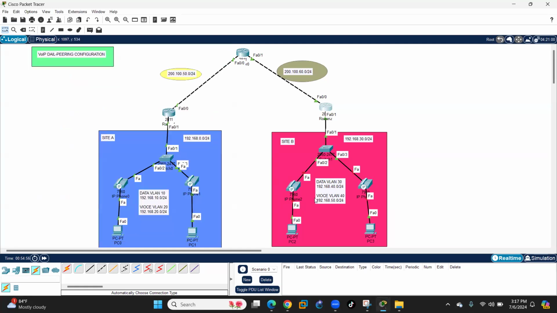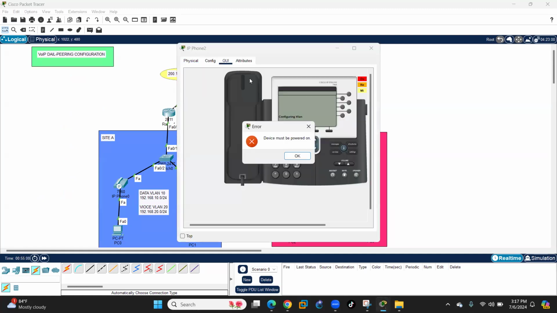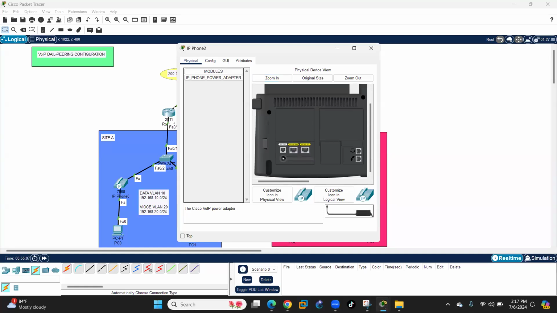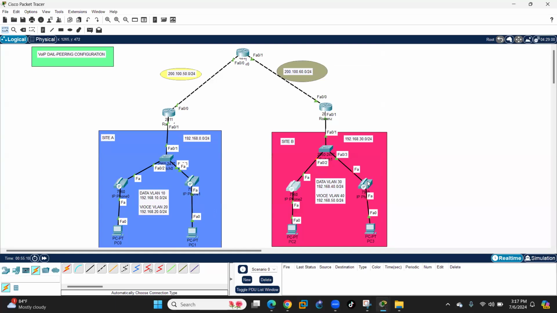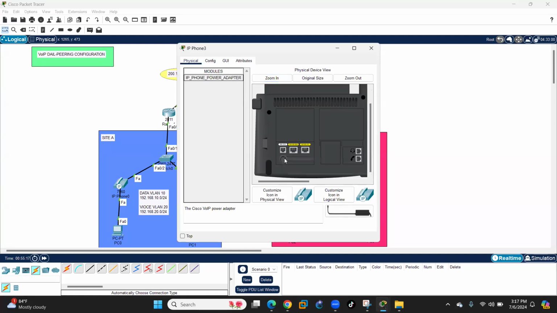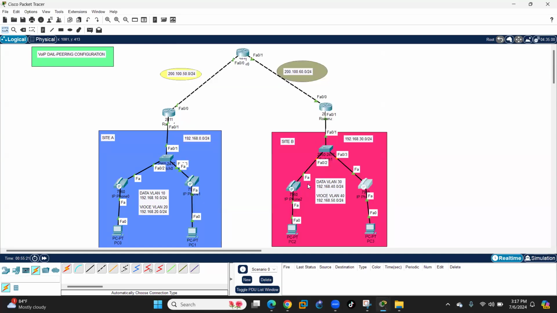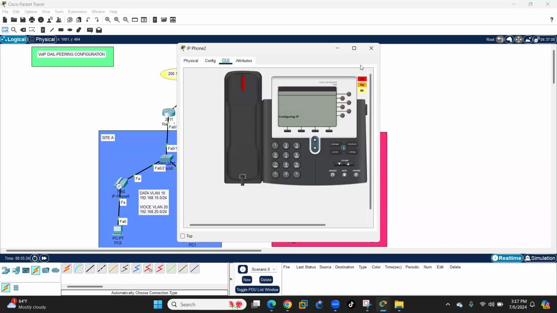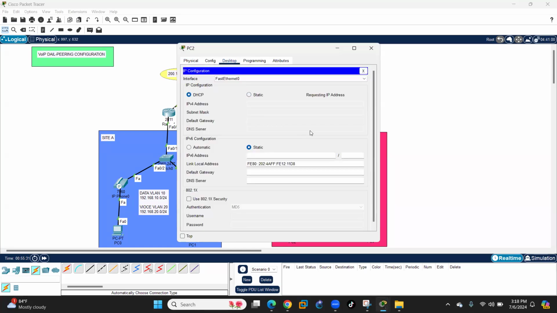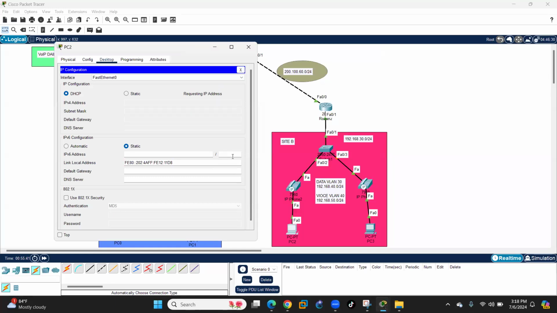That's the purpose of the class, for us to troubleshoot. And say this one is not giving an IP address.